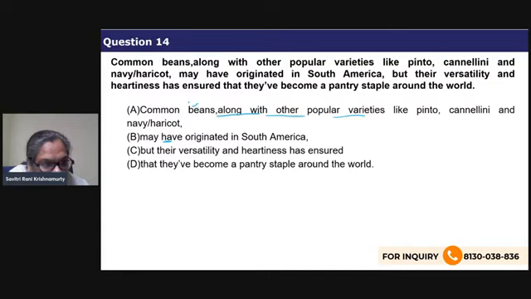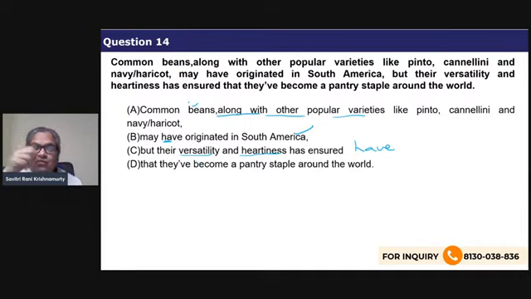Here this is fine, may have originated in South America, but their versatility and heartiness. Now, what happens here is we think of versatility and heartiness as one idea. If you think of it as one idea, then has is correct. But the thing is, there are two different qualities altogether, versatility and heartiness.